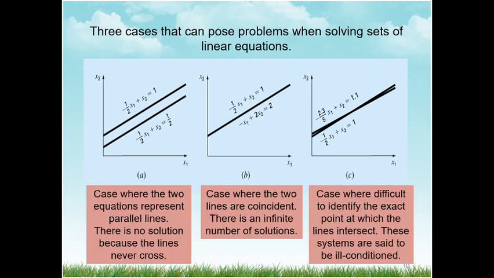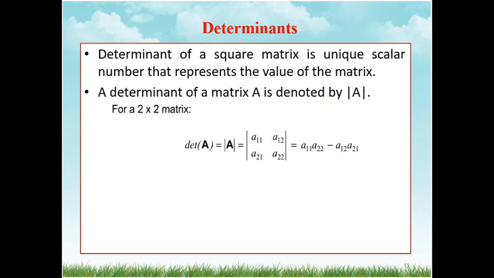Maybe they end up as parallel lines, or they overlap with one another, or even though they intersect, the precise point of the intersection is not very clear, so we cannot pinpoint the exact location. As you can see on the slide, there are three possible scenarios which tell us the limitation of graphical methods.